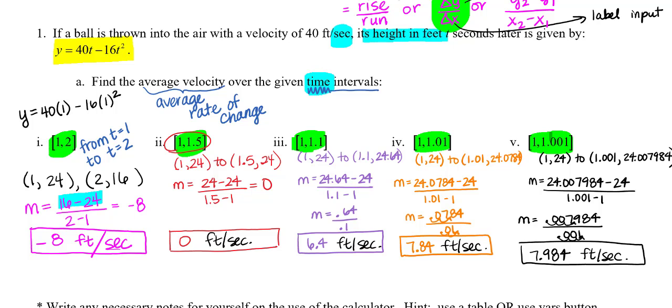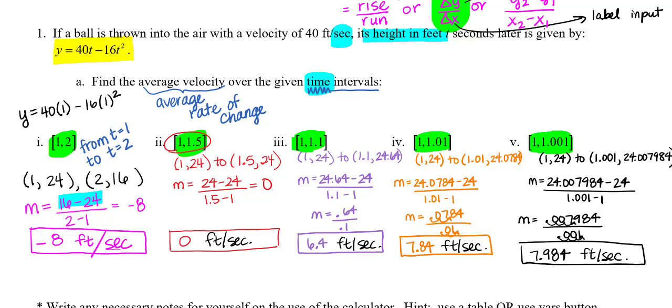What we should have found is that in each of these intervals the starting t value for time, 1, stayed the same, but the second value kept getting closer and closer to 1.